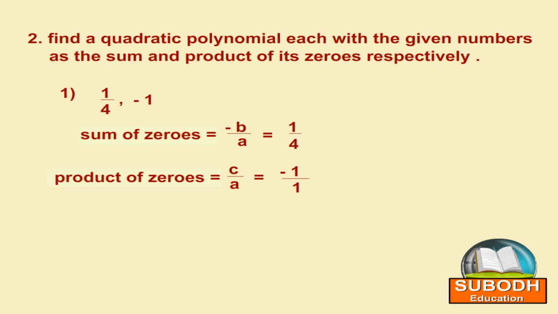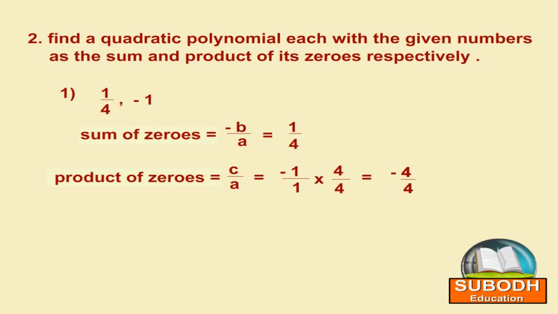In both cases, a value is different, therefore equalize a value. Therefore, product of zeros is minus 1 by 1. Therefore, denominator multiplied by 4, also numerator multiplied by 4, is equal to minus 1 into 4, minus 4 by 1 into 4, 4.